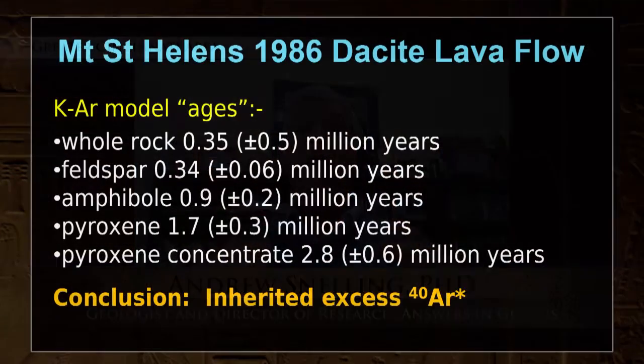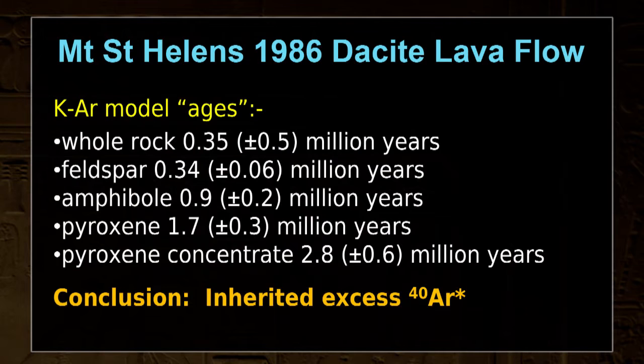And if you didn't know that and you just assumed there was no argon to begin with, you get an age of 2.8 million years old. But it's because of this contamination or inheritance of argon externally that didn't come from potassium decay to argon as a result of radioactive decay.